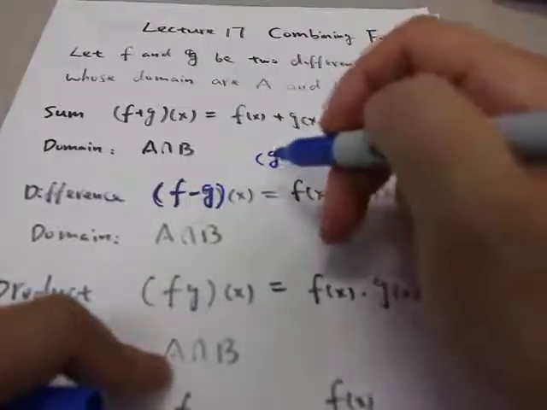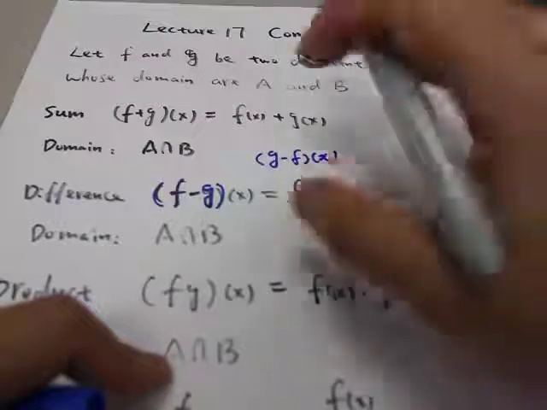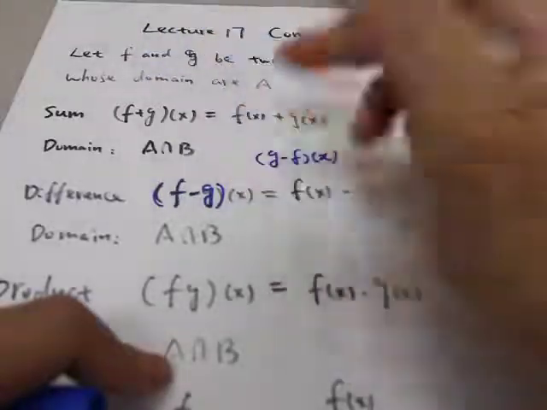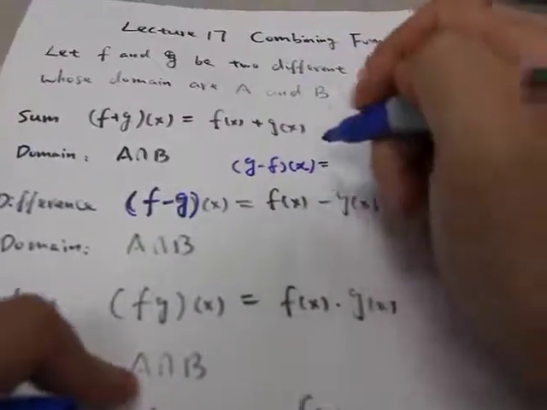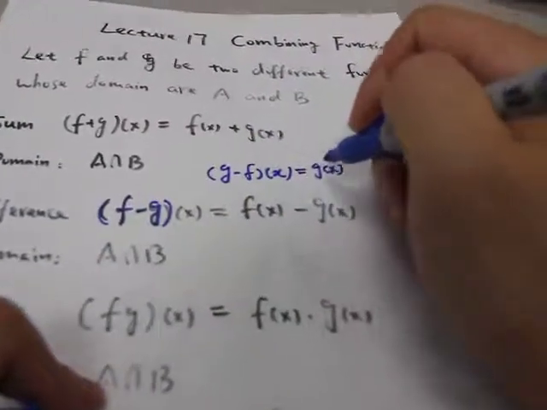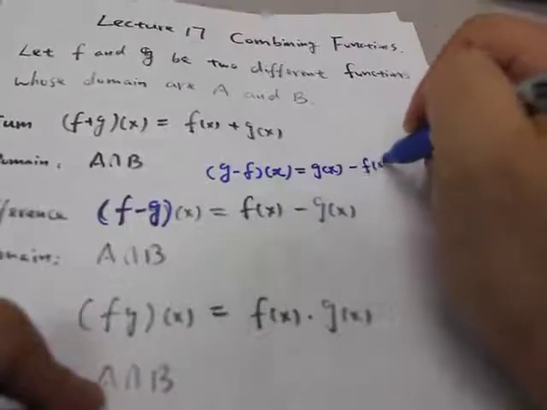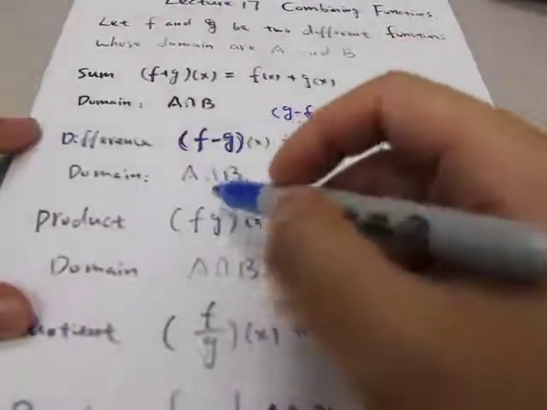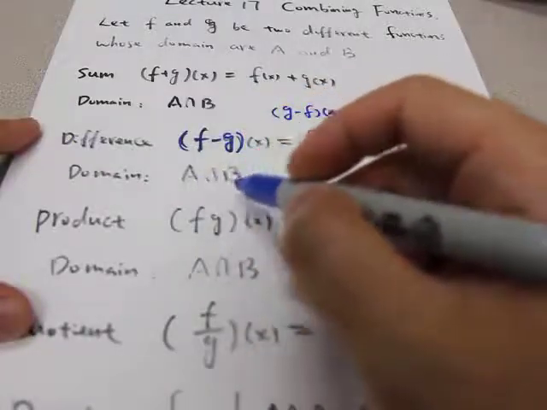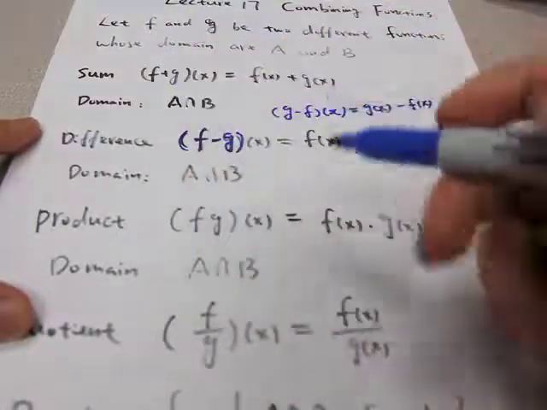Please keep in mind that g − f is just a notation, like the f or g we use to denote a function. The definition here is that (g − f)(x) equals g(x) minus f(x). And the domain is the same: the intersection of the domains of f(x) and g(x).